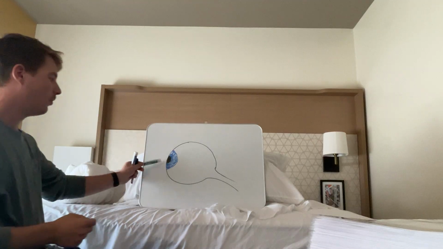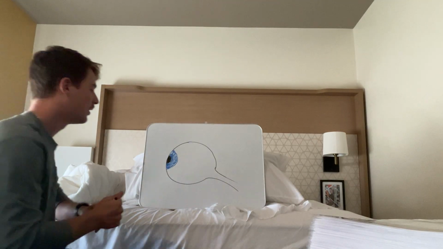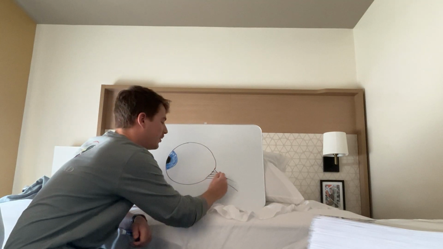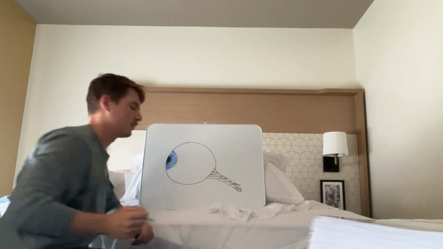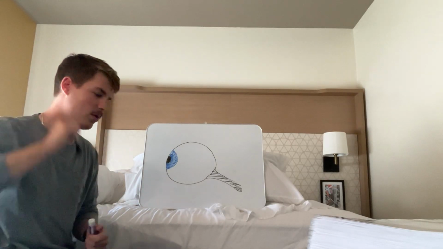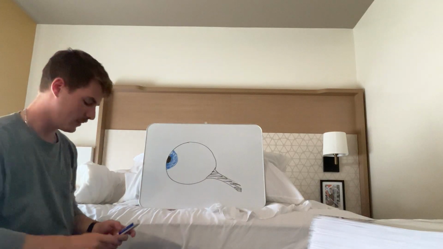So we have our pupil. Everyone knows the pupil. Then here we have our optic nerve, in the back of our eyeball, that carries information to the brain.